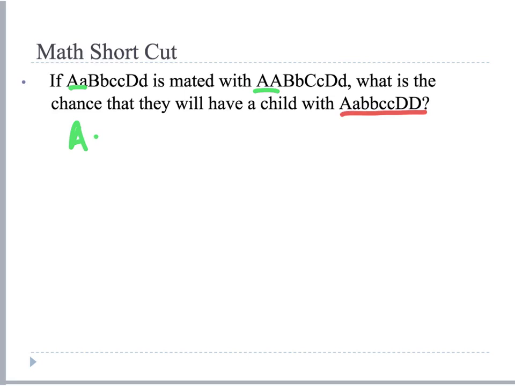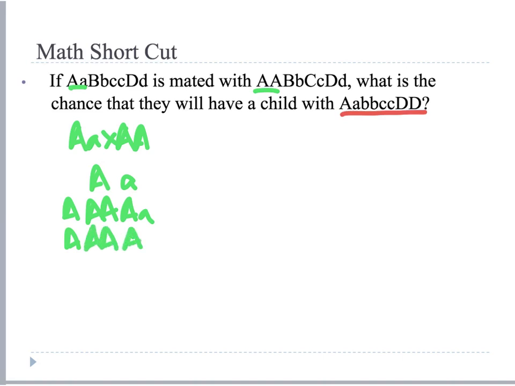If I'm crossing big A little a times big A little a, that would be a Punnett square that looks like this. And I am actually only looking for one part of the square. I am looking for this one right here, which is the big A, little a, and I have this right here. So I know that for this particular gene, there is a 2/4 or 1/2 chance that I'm going to get that big A, little a.